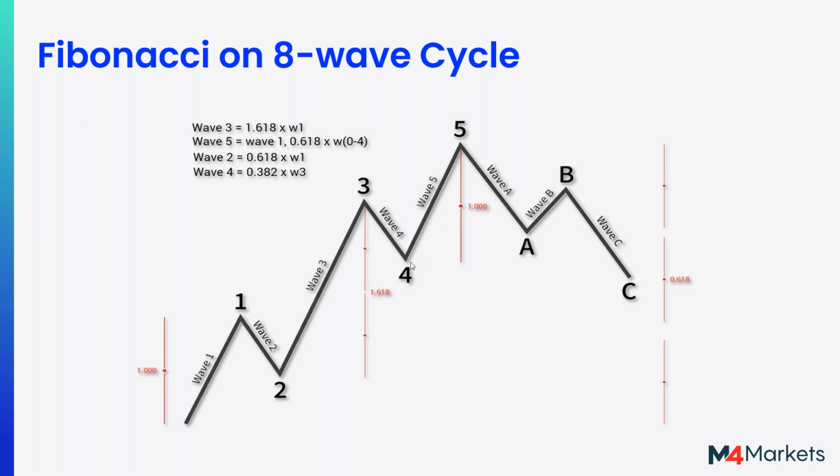And then wave 5 is going to be again 100 pips added on wave 4. But wave 5, apart from being just wave 1, can also be 0.618 of the net distance through waves 0 all the way to 4. Wave 2 is 61.8 of wave 1, and wave 4 is 38.2 of wave 3, typically.